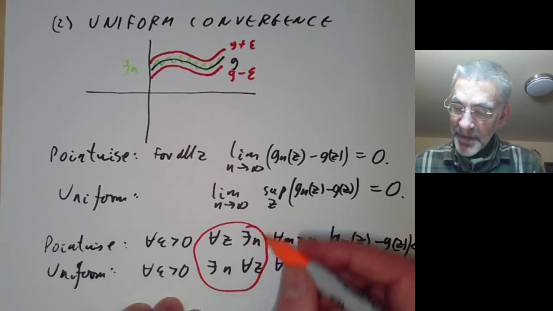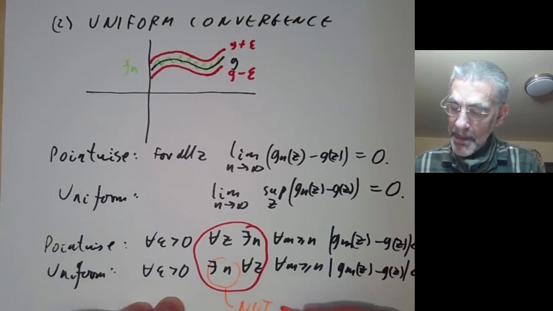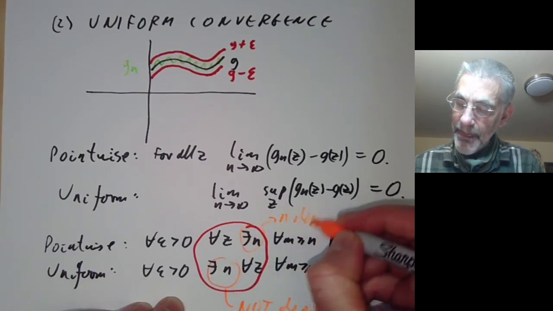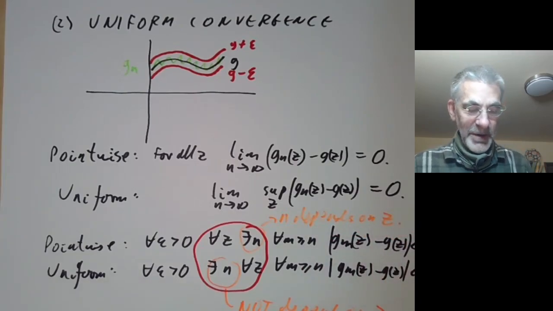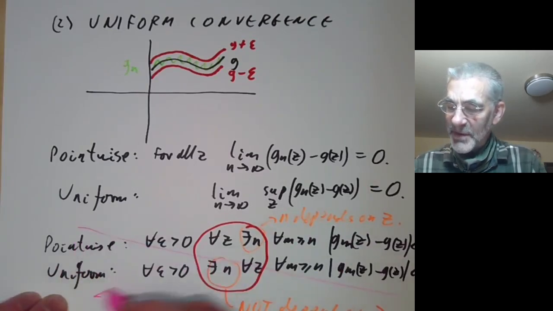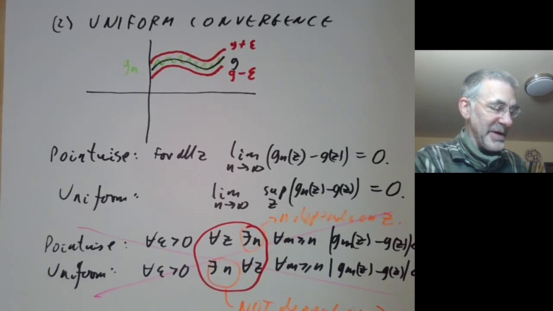So you see the difference here is that this n does not depend on z, whereas here n depends on z. So as I said, I would strongly advise not writing out long strings of quantifiers like this, because it's incredibly easy to make mistakes when you do so.